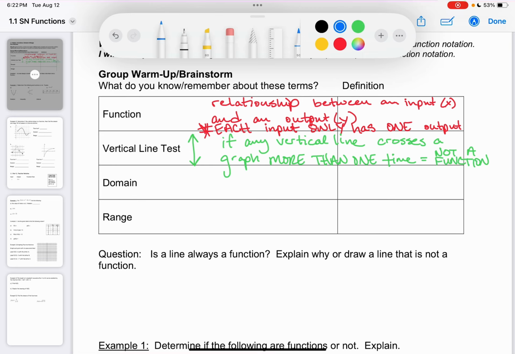All right, domain. Domain is the set of all possible inputs or x values.